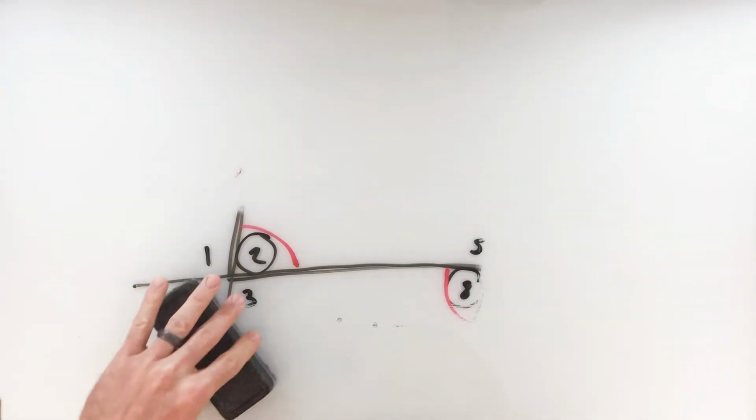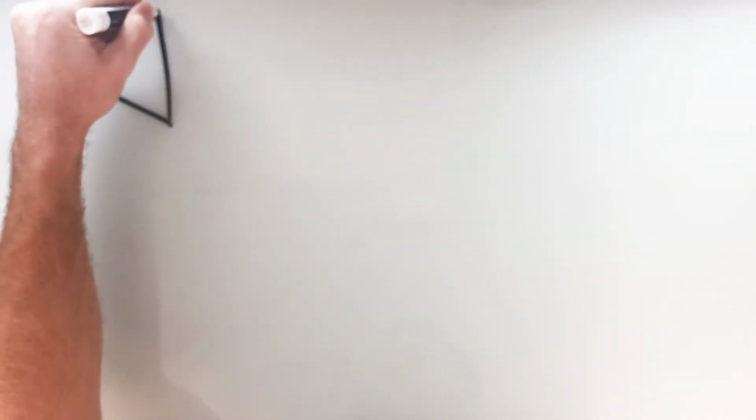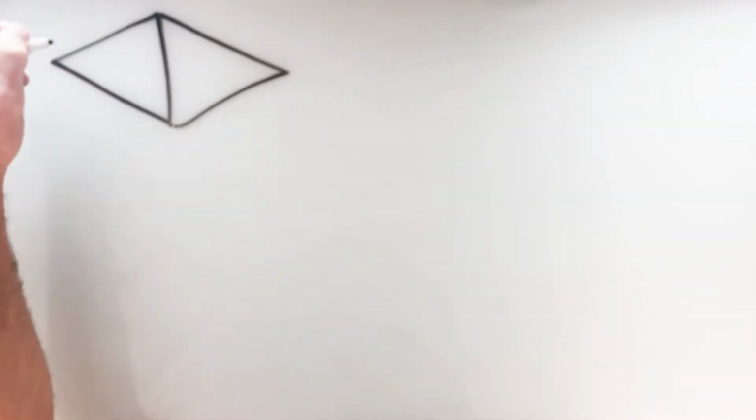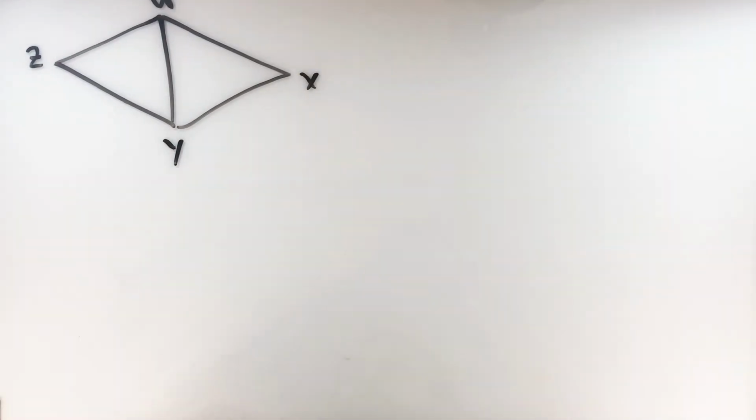So let's take a look at an example here. We'll switch it up. We'll go Z, W, X, Y. And we'll put in some information.